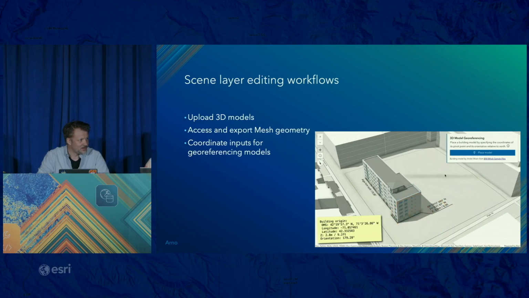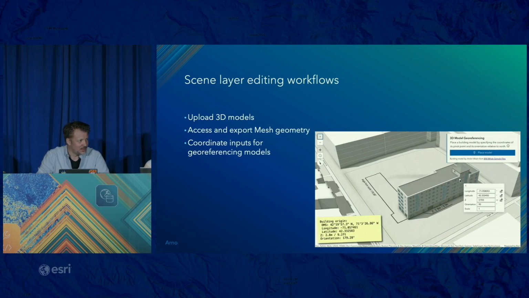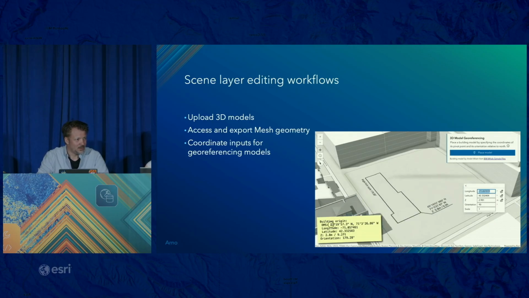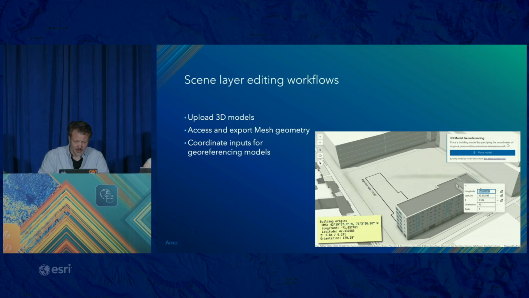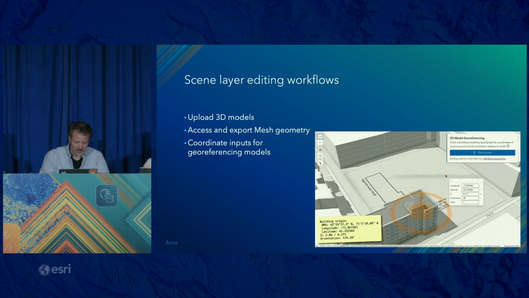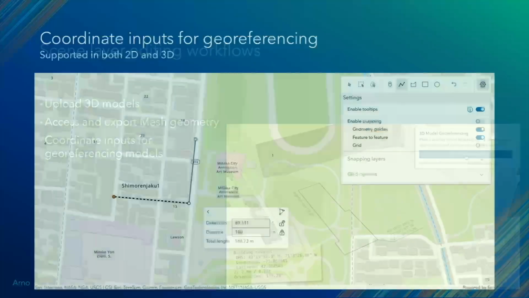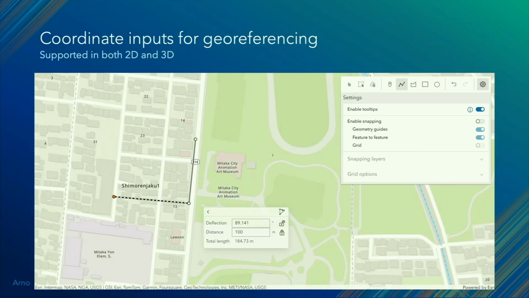Here I want to point out that we have a session tomorrow at 11 where we go into some of the details of the 3D object layer and have a bunch of examples of what you can do with it. This coordinate input also works not only for 3D models, but in general for point, line, polygon geometries in 3D and 2D.